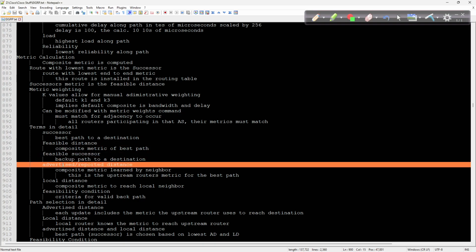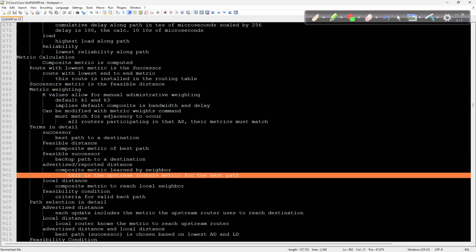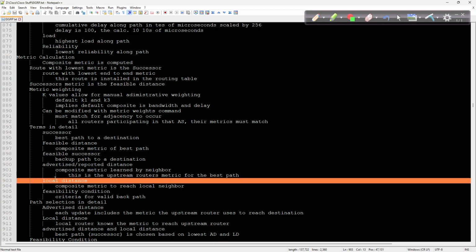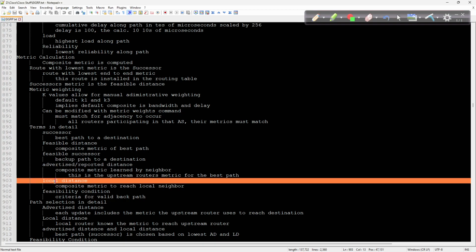Your advertised or reported distance is a composite metric learned by your neighbor; this is the upstream router's metric for the best path. Then you have your local distance, also referred to as your computed distance. Computed distance is your metric to reach your local neighbor, whatever that might be.